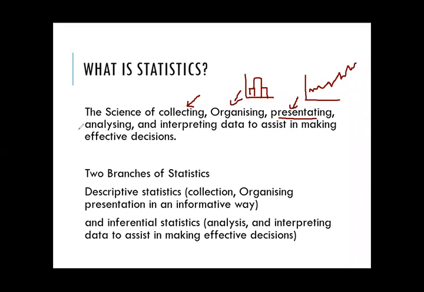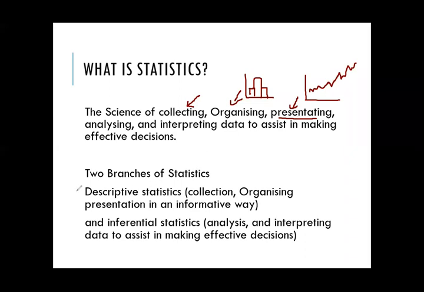Once that is done, we go on to infer the results we've collected on the entire population, to assist us to make decisions for the entire population. So basically, we can see that there are two main branches of statistics.